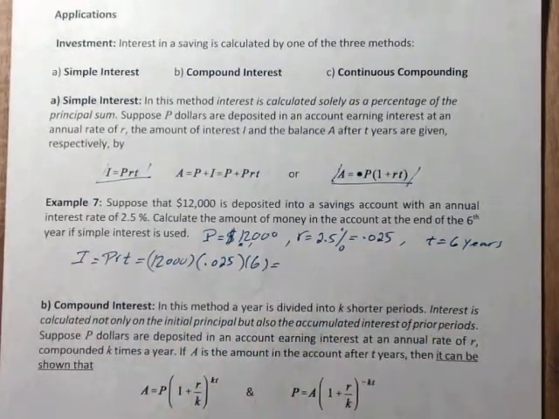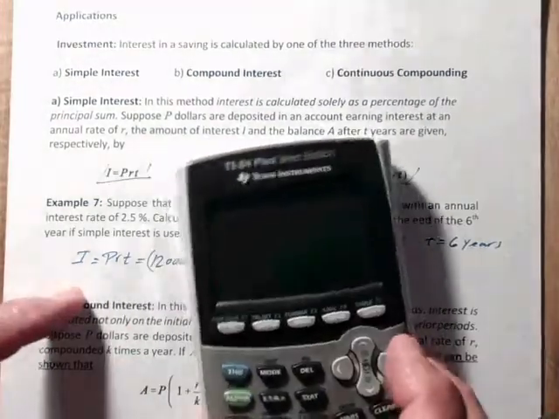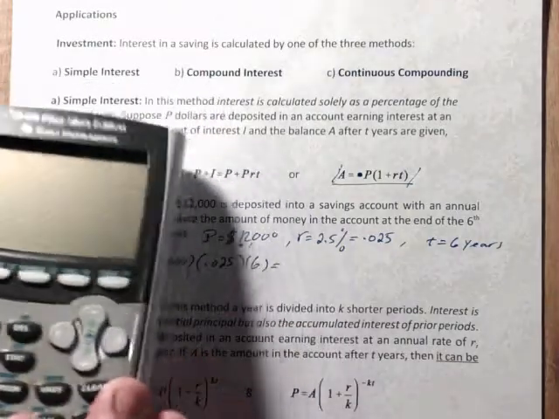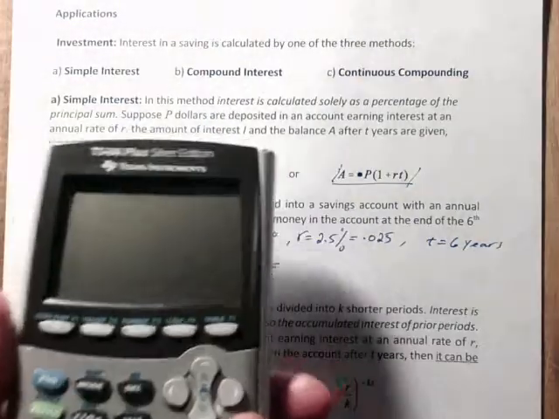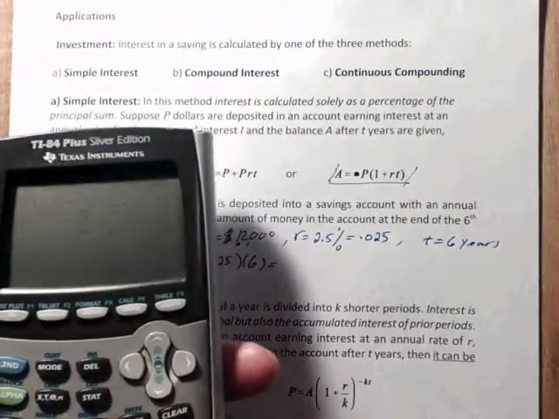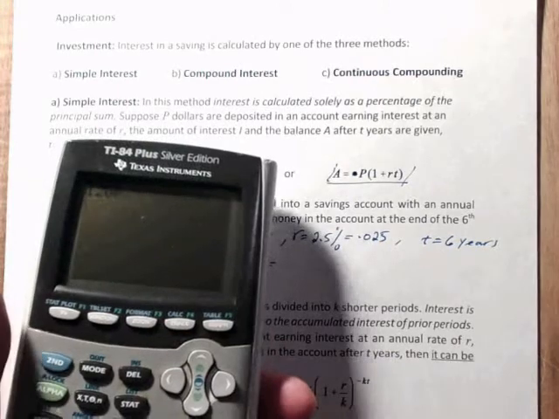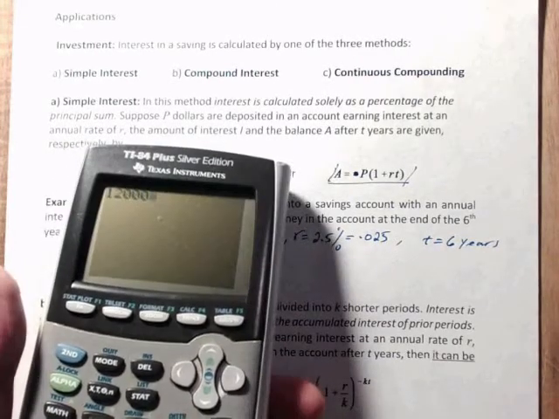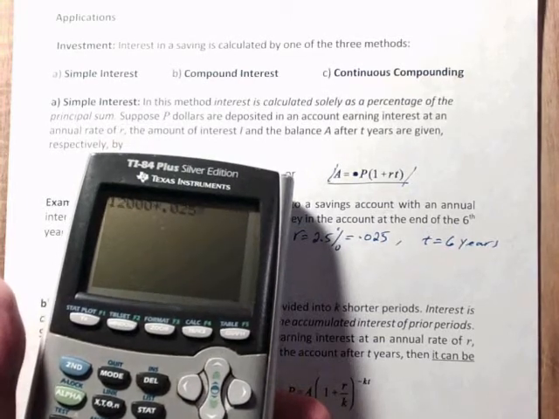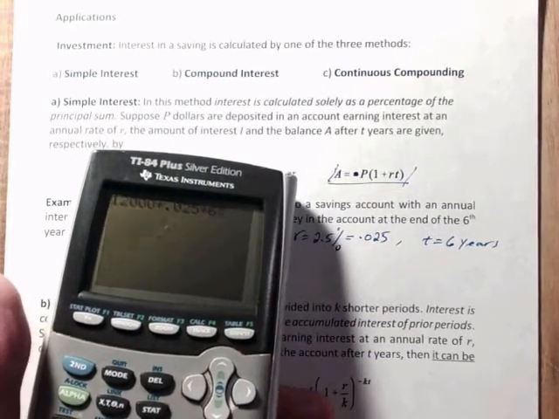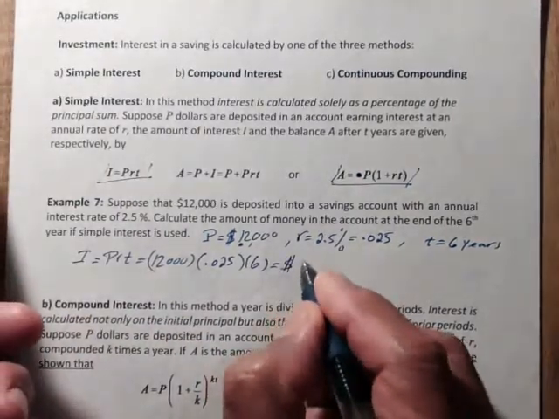So if I use the calculator, multiply these, let's see what we get. 12,000 times 0.025 times 6. So I have 1,800.